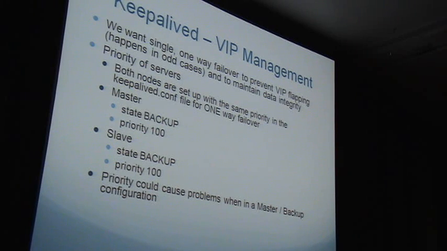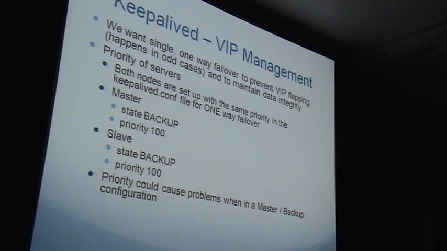To do that, you have to make sure that you set up the priorities of the servers correctly. The master server is actually set to backup inside the keepalived configuration file with a priority of 100. And the slave server, or the hot backup server, would actually be set up the exact same way, backup and 100 priority. The reason why we do that is when we start keepalived initially on a master server who's going to be taking writes, it will claim that IP address and leave it on the master server.